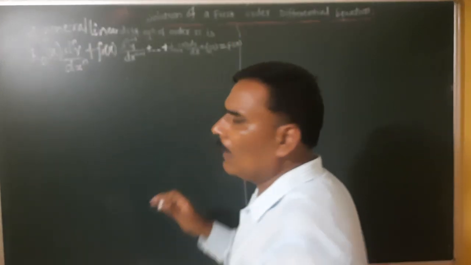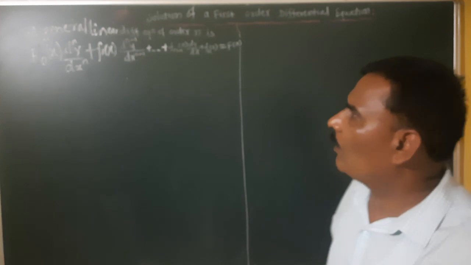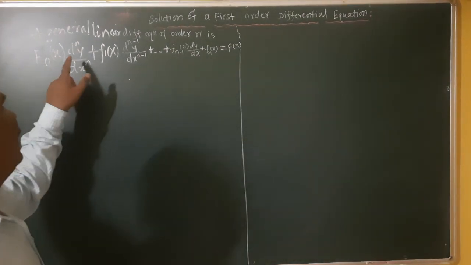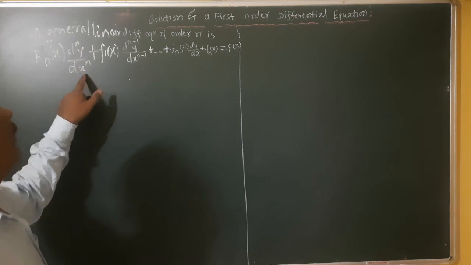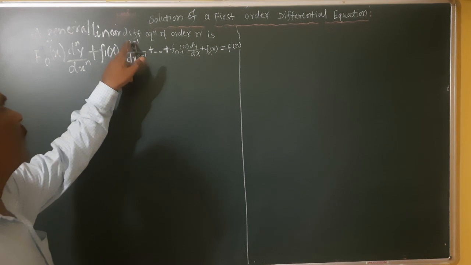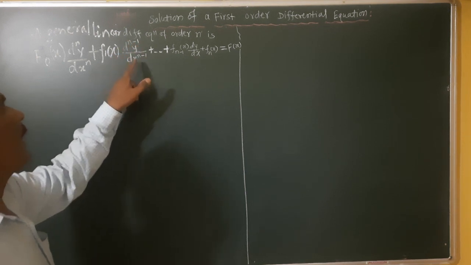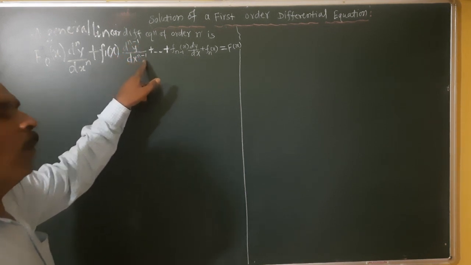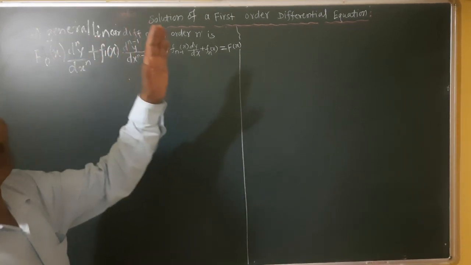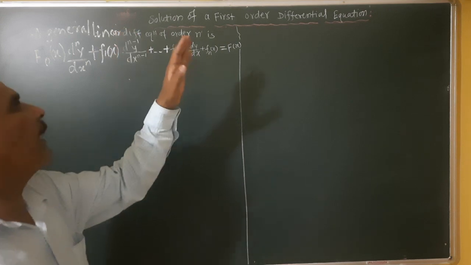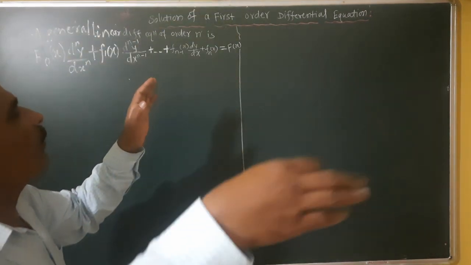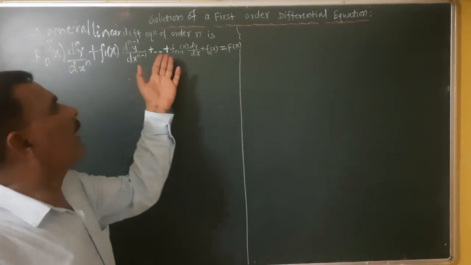This is the general differential equation of nth order, that is f0 of x d^n y upon dx^n plus f1 of x into d^(n-1) y upon dx^(n-1). The next term is f2 of x into d^(n-2) y upon dx^(n-2). Then the third term, the fourth term, up to the nth term.